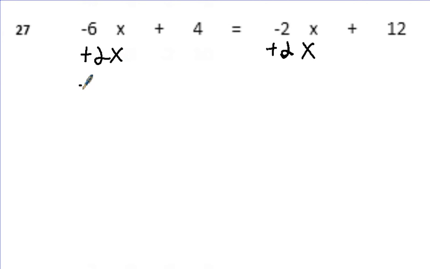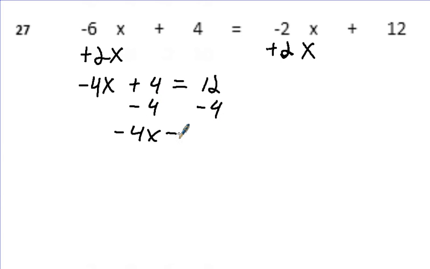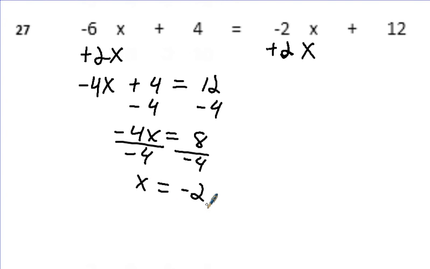This is going to make negative 4x plus 4 equal to 12. So, subtract off 4. Negative 4x now equals 8. Divide by negative 4. We find that x equals negative 2.